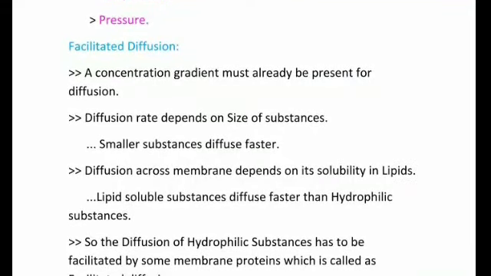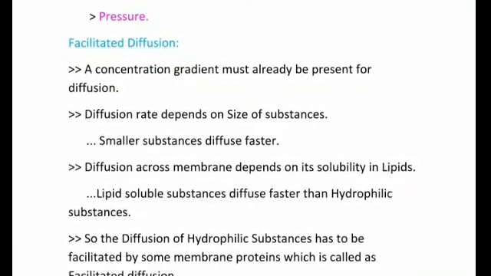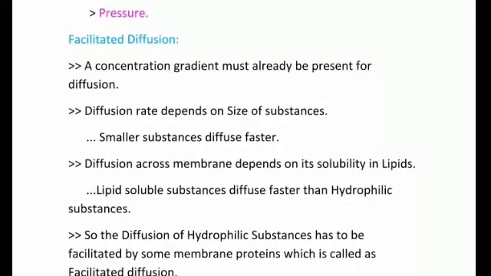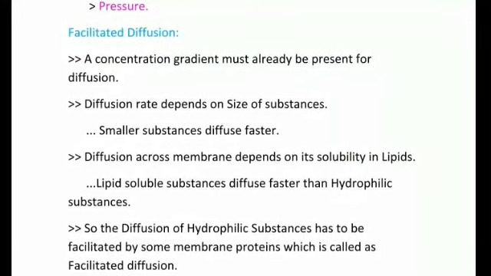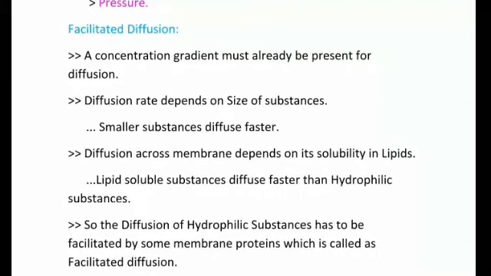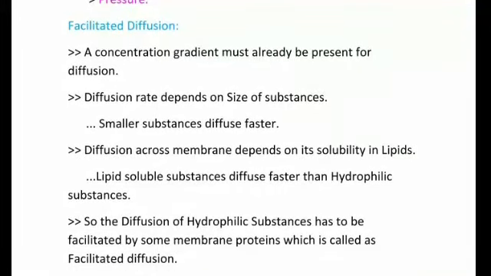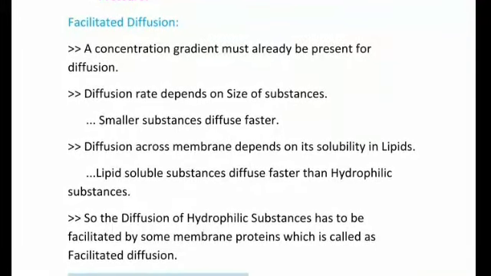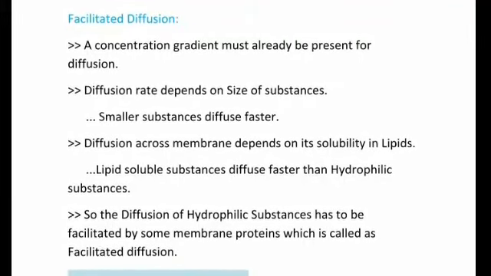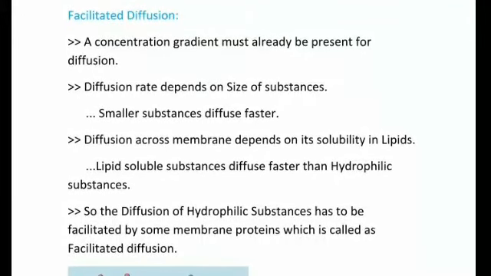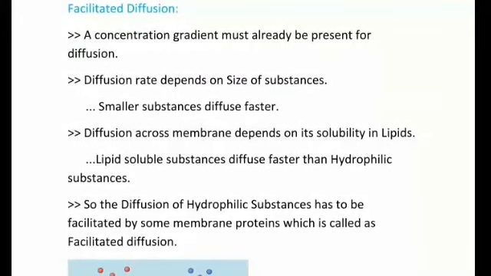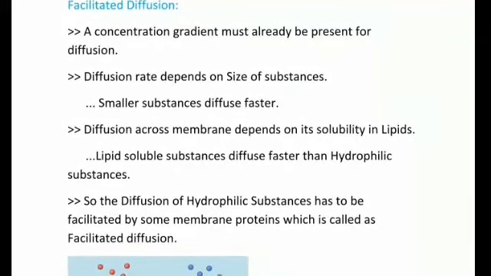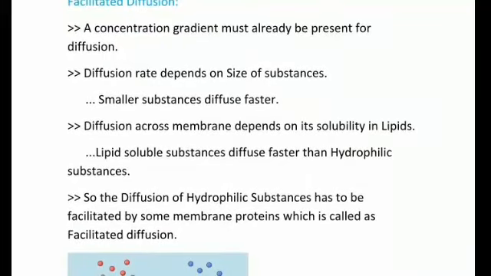If the substance is a lipid molecule, it easily diffuses across the membrane, whereas hydrophilic substances are difficult to diffuse across the membrane. So the diffusion of hydrophilic substances has to be facilitated by some membrane proteins, which is called facilitated diffusion.